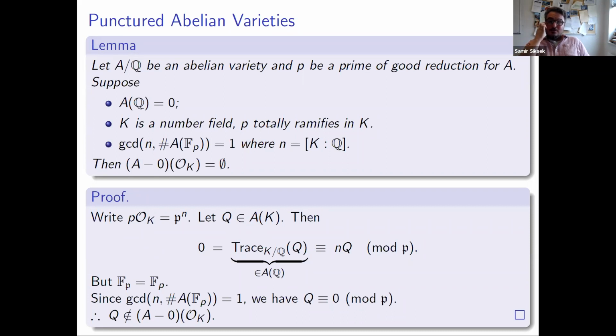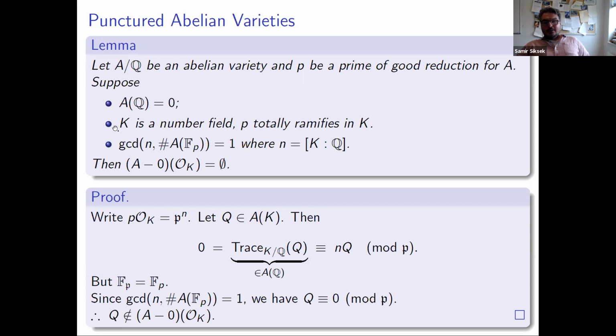So this lemma is the conclusion of that hallucination. It says that if you have an abelian variety A over the rationals, and p a prime of good reduction for A, and you suppose that the Mordell-Weil group is trivial, which is a bit like the analog of the norm of a unit being plus or minus 1.